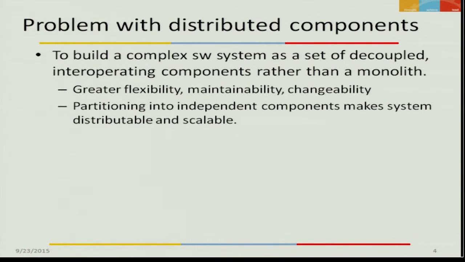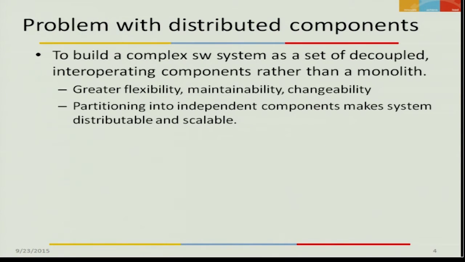So obviously it's not that simple to build a distributed system. There are problems. Now what you need is to build a complex software system as a collection of decoupled interoperating components. You don't want a monolith to implement this. What that means is that you require greater flexibility in your design, much better maintainability as well as changeability.